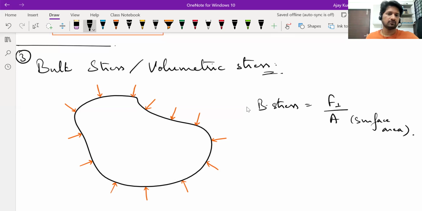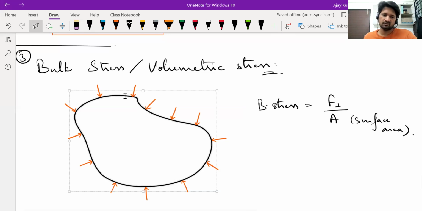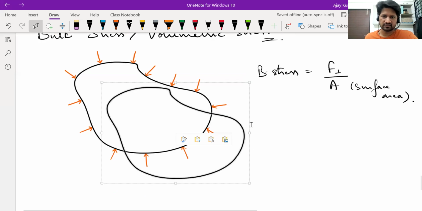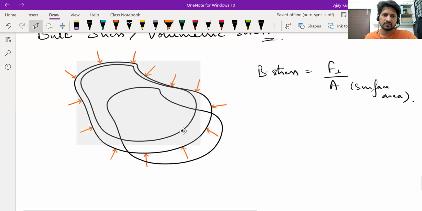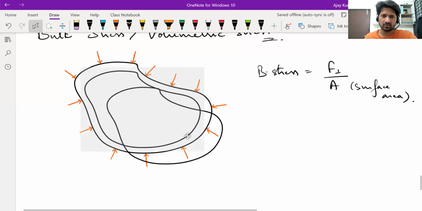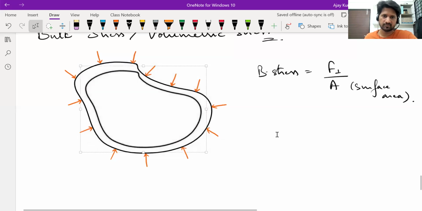As a result of this kind of stress, what happens to the object? You can predict. If the stress is like this, it is going to shrink. Its volume will decrease. Not a particular dimension, all dimensions will change. Let's say it shrinks to this new volume. That is why it is called volumetric stress.